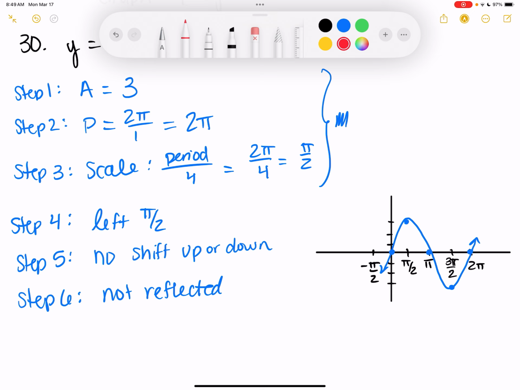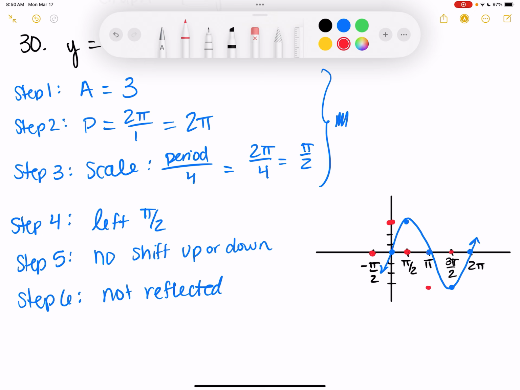But left pi over 2, I take every point and shift it to the left 1 spot. So this one moves to right here. This point moves here. This point moves here. This one goes here. And this one goes here.